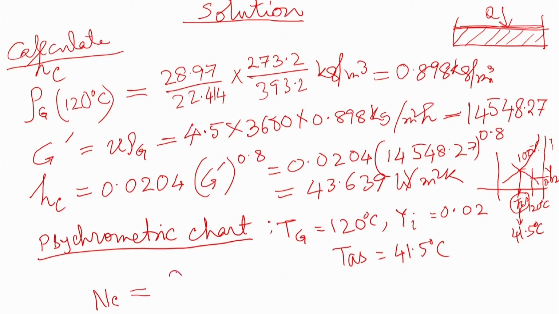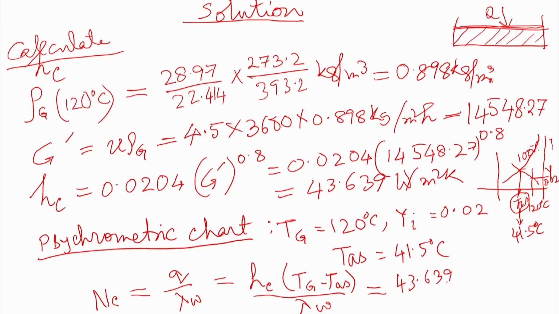That is Q by lambda W, equal to Hc into Tg minus TW or TAS, divided by lambda W. So Hc is 43.639 watt per meter square Kelvin, Tg is 120 degree, TAS or TW is 41.5 degree Celsius, and lambda W, the latent heat of vaporization, is 2400 into 1000.